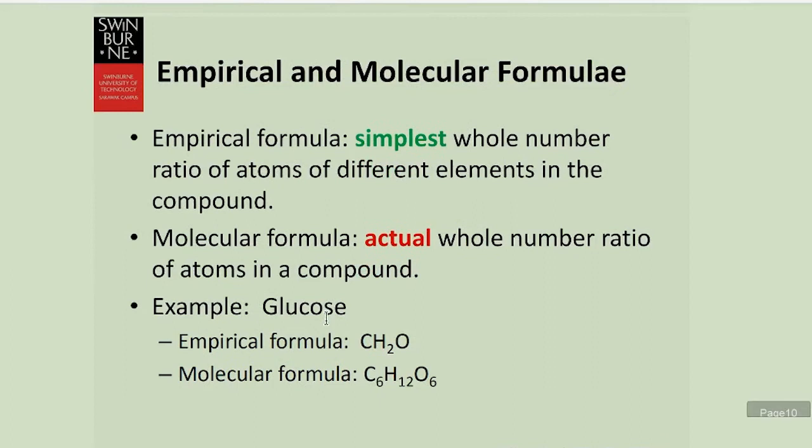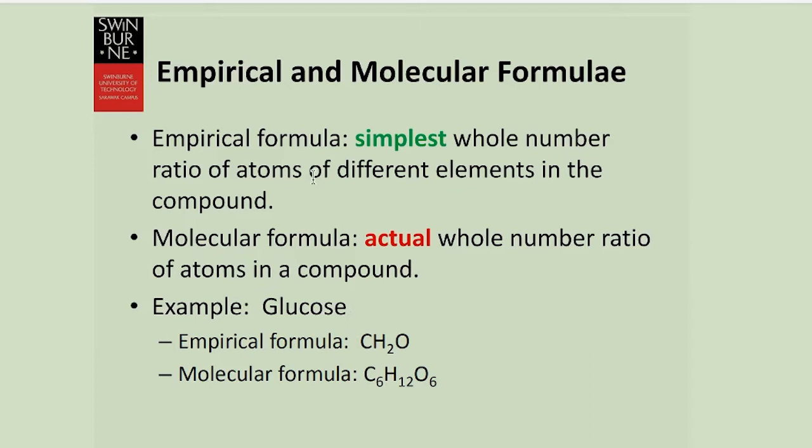So there is another important thing, the empirical and molecular formula that we were talking about in the beginning. The empirical formula is the simplest whole number ratio of atoms of different elements in the compound. Like what types of elements are there, and from one element to another, what is the simplest ratio we can express?